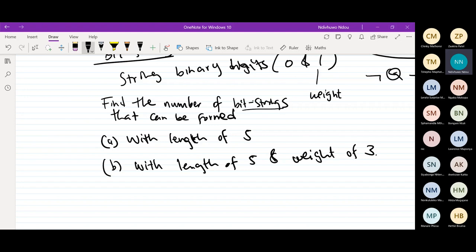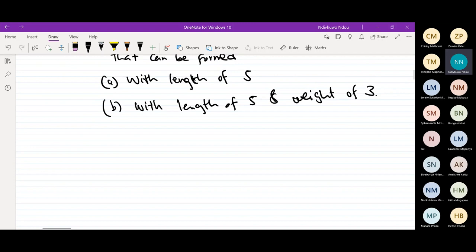Remember, a bit string is just a string that is made of binary digits, either 0 or 1. Then that will form the length of the string. For example, I think they gave an example in the textbook.